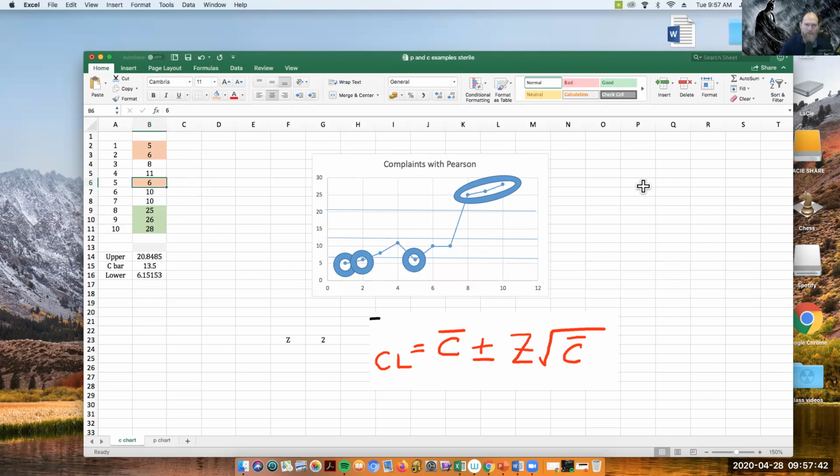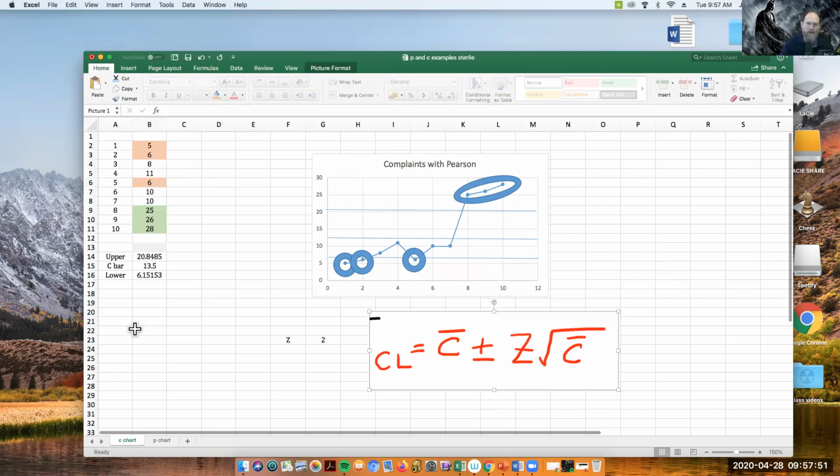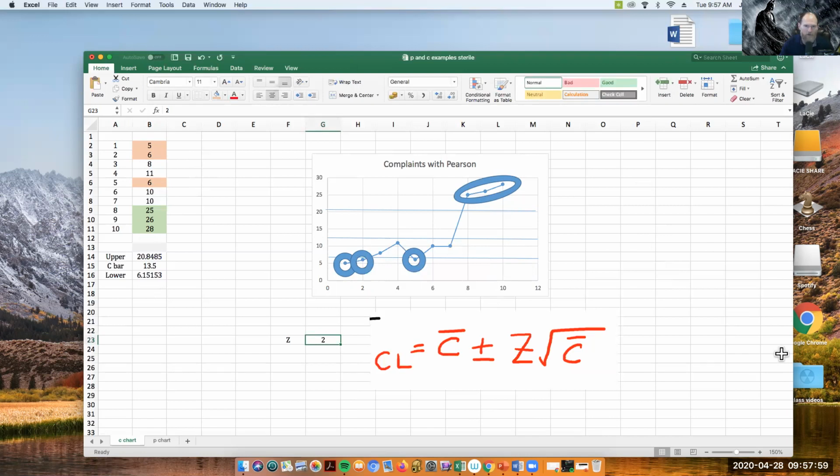So that's a C chart. The big thing, very straightforward in my opinion, one of the simpler formulas we're going to see. If Z was 3, that'd be the only thing that would change. In fact, not to confuse folks, but the beauty of the model is we could put 3 in here and our upper and lower limits should change. Our C bar isn't going to change because Z's not inside of that formula.